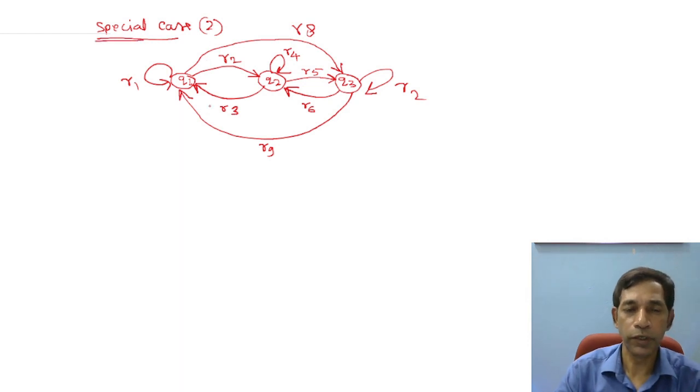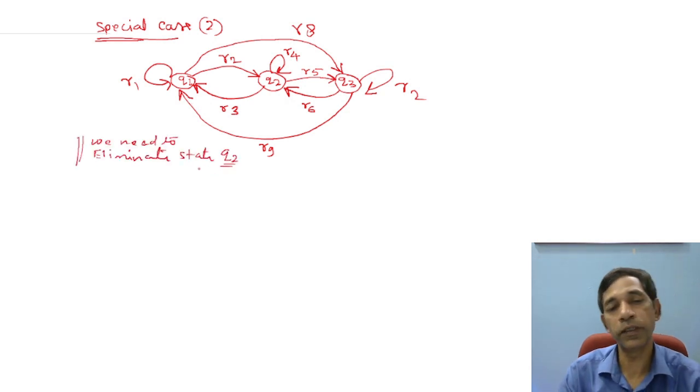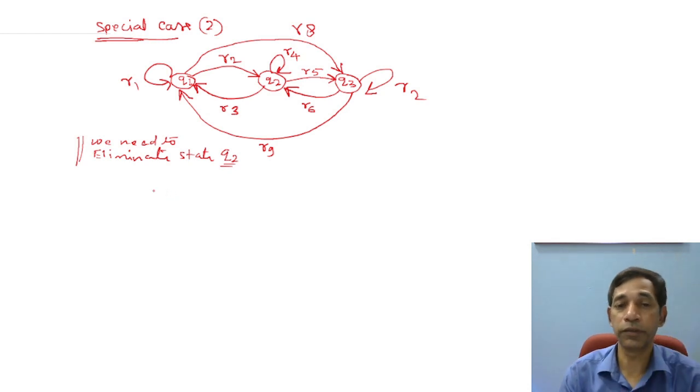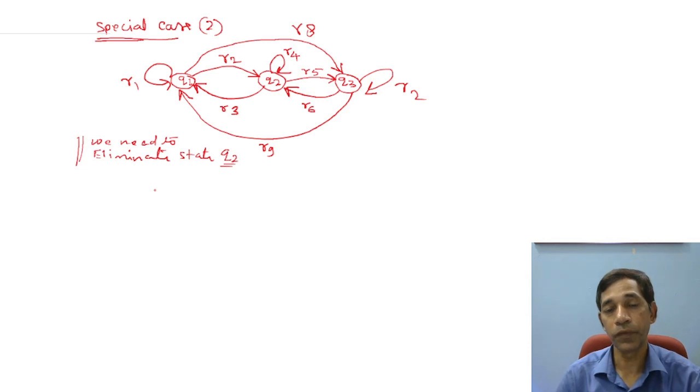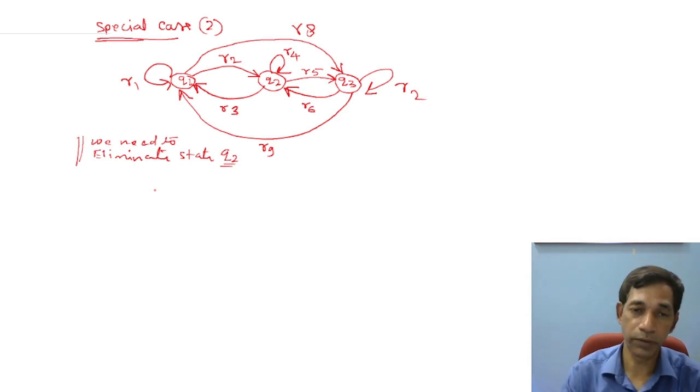So if you have the transition graph like this, what do we need? We need to eliminate the state Q2. Once you eliminate the state Q2, what is the resulting transition graph you have? Again, you have to use the same process of elimination. Once you eliminate the state Q2, state Q2 will not be there.